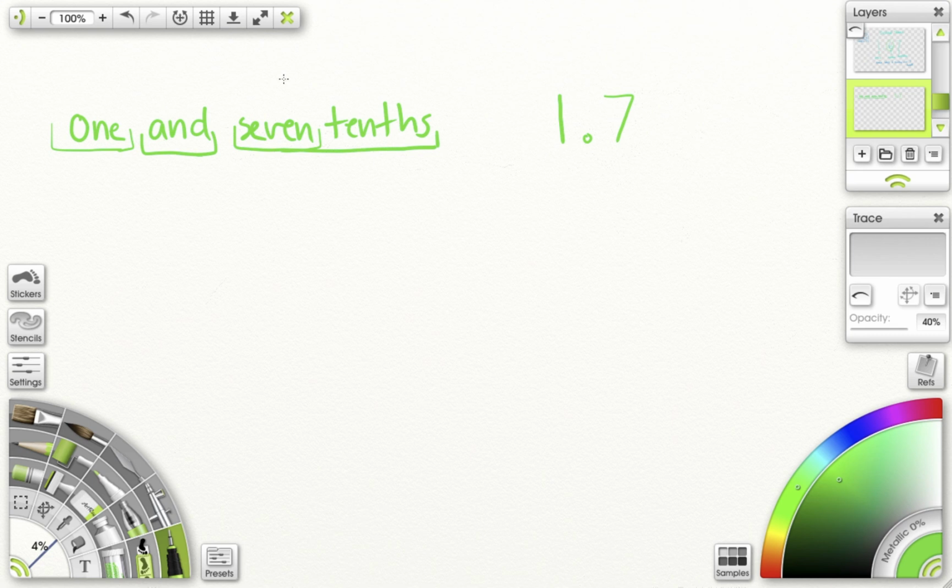Now comes the third part. So we have our word, our number. Now we have one last portion. This is a fraction. So you guys remember having fractions. We have our mixed fractions. We have 1 and 7/10.